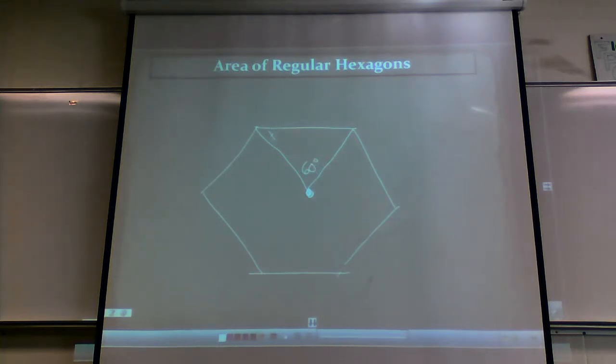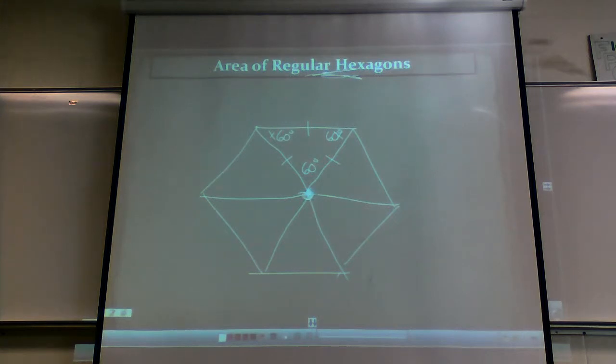I didn't go about finding those two angles, but if I did, these would both be 60. And if all my angles are 60, would you agree that's an equilateral triangle? Yes. So the reason this ties into what we just did is if I drew in all my radii there, I would in essence create how many of those triangles? 6. So I know a regular hexagon is made up of 6 equilateral triangles.